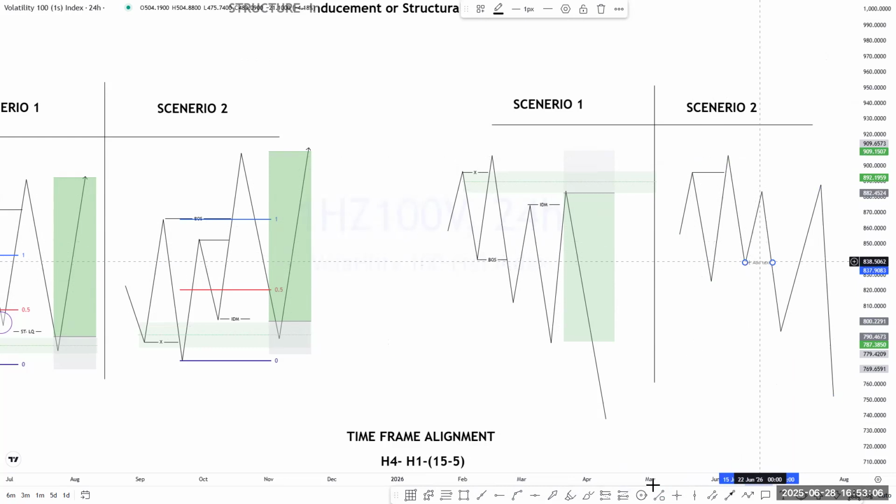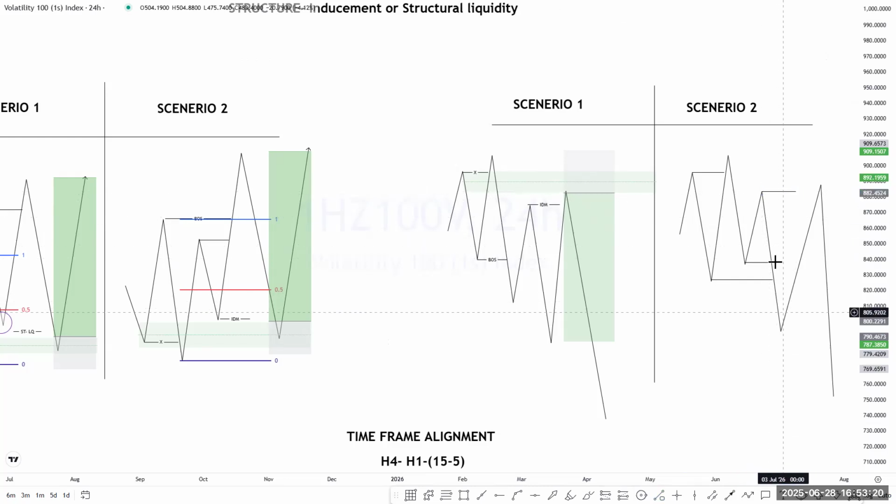Once liquidity is engineered, then this is your formal break of structure, because this is the lower low, lower high, and price is coming to break structure. So this guy here becomes your inducement liquidity. This is the difference between scenario one and scenario two, either uptrend or downtrend: on scenario one, price breaks structure directly, while on scenario two, price will first create inducement before breaking structure.